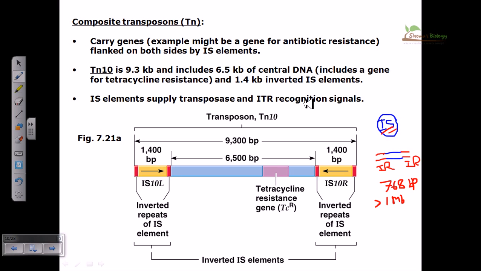Sometimes a gene can give the bacterial cell an evolutionary advantage, like the antibiotic resistance genes, right? This kind of gene can also be carried by composite or non-composite transposons.